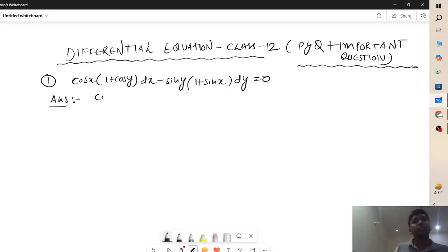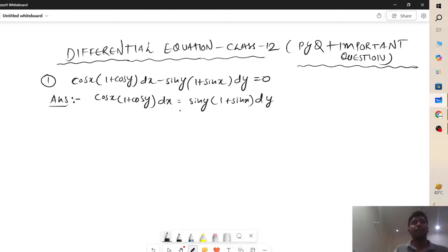So first we separate the variables. (1 + cos y) cos x dx equals sin y (1 + sin x) dy.